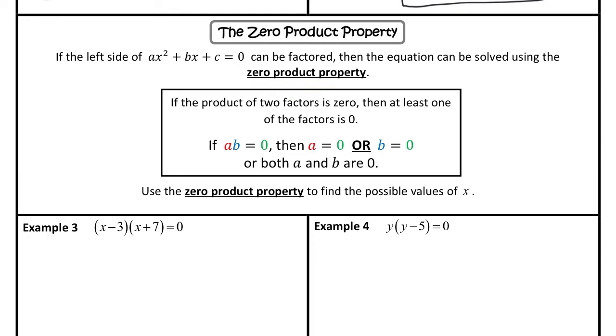So the property of zero product says if the product, or multiplication, of two factors is 0, then at least one of the factors is 0.